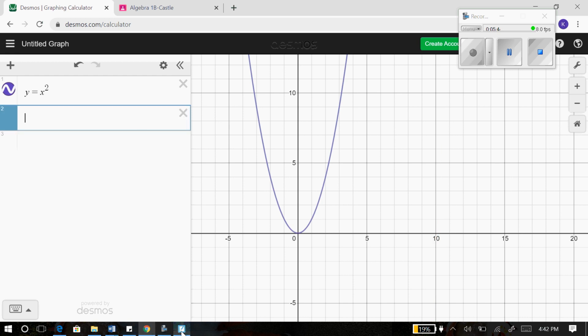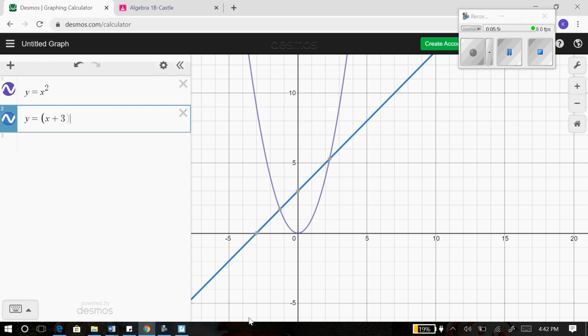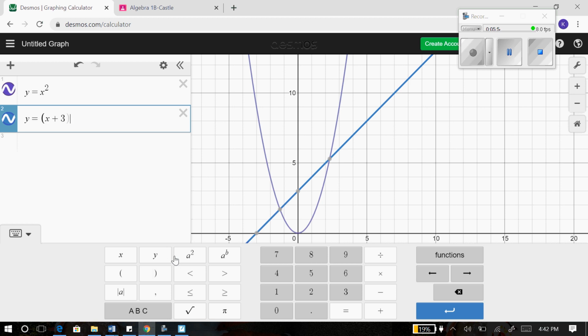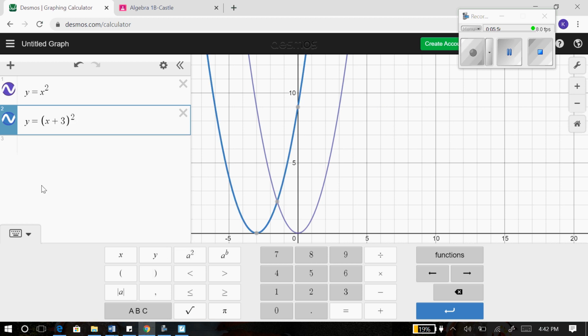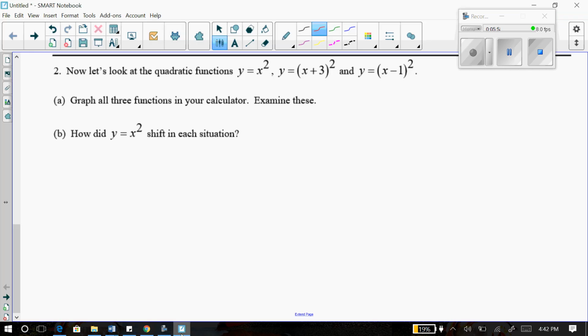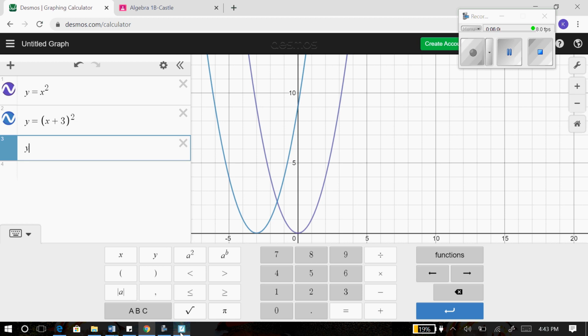Now let's graph the function y equals x plus 3 squared. Again, come down here, square it. And let's graph the function y equals x minus 1 squared.